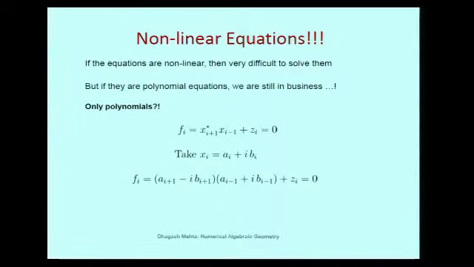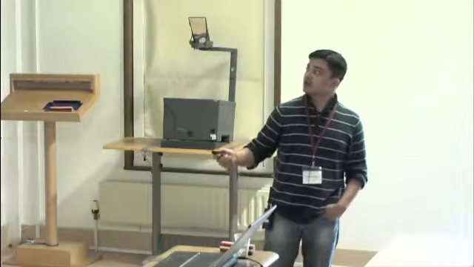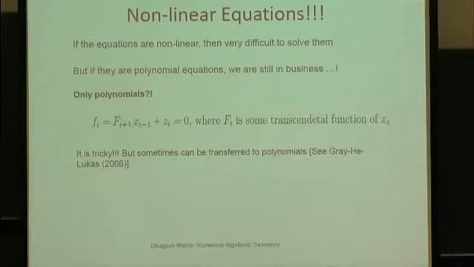Similarly, if you have a variable and its complex conjugate, then it is not a polynomial equation, but you can take x equals a plus ib, put it in, and get rid of the complex conjugation. So you again have a polynomial equation, and so on. There are many tricks available in the literature and in some of my earlier papers.